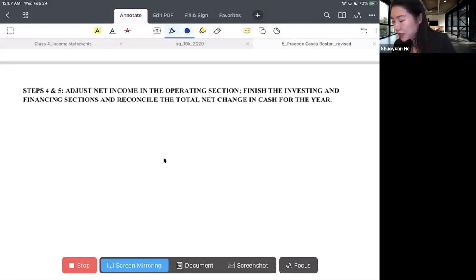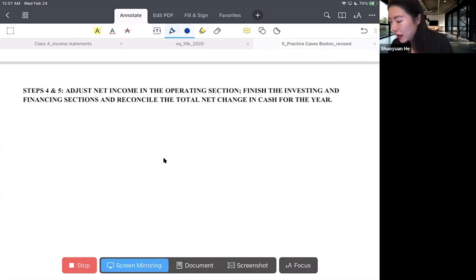So here, let's go through this statement. We first start from the firm's net income, which is given here. And then we make those adjustments. All of those items are changes in the firm's balance sheet for its current assets and current liabilities.